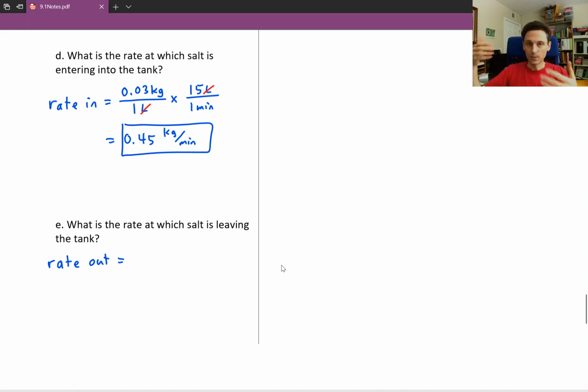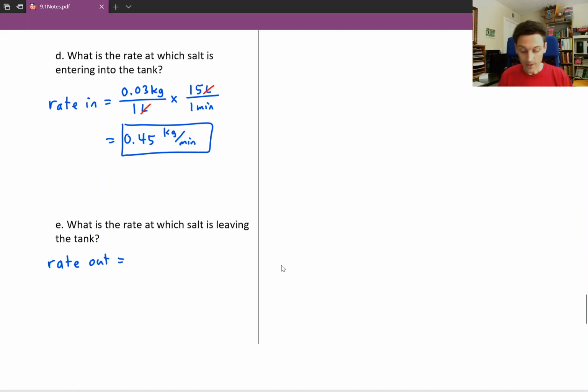The initial concentration inside the tank is 0.1 kilograms per liter, and the incoming solution is 0.03 kilograms per liter. So when the concentrations are different, the concentration in the tank is slowly going to change as the incoming solution mixes in. Long story short, it's going to be changing over time.